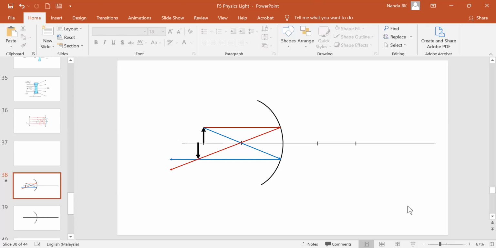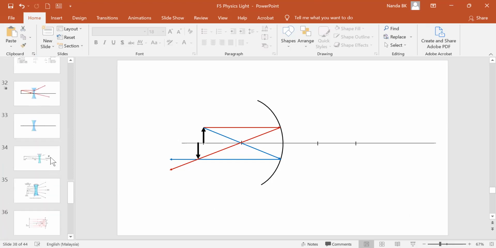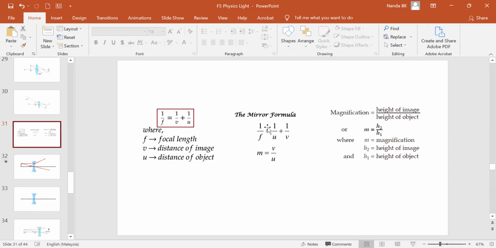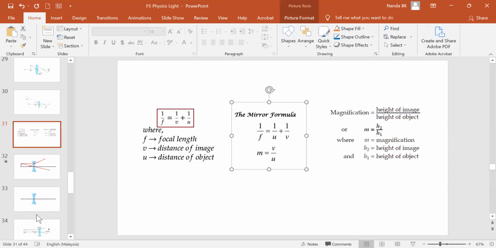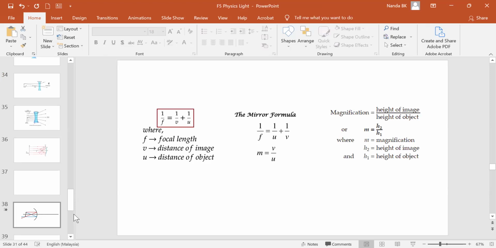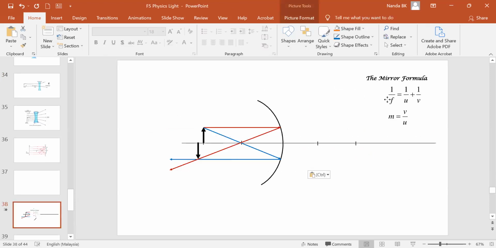So now let's calculate this and see. All right, so the formula is still the same. What's the formula? Our formula is this. Same. So let's calculate and see this mirror.